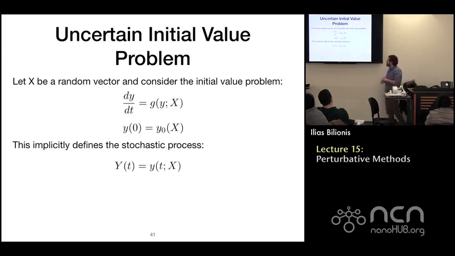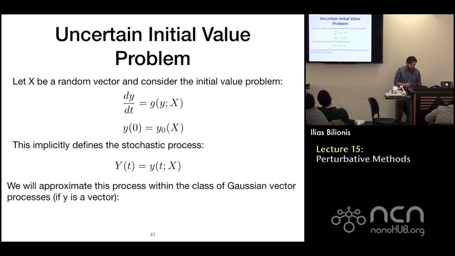You can think of this stochastic process like that. It's a capital Y of t, which is basically the solution of this initial value problem, or of this dynamical system, with a random x in there. So what gives rise to randomness is that x. Okay, so this is the stochastic process in time.